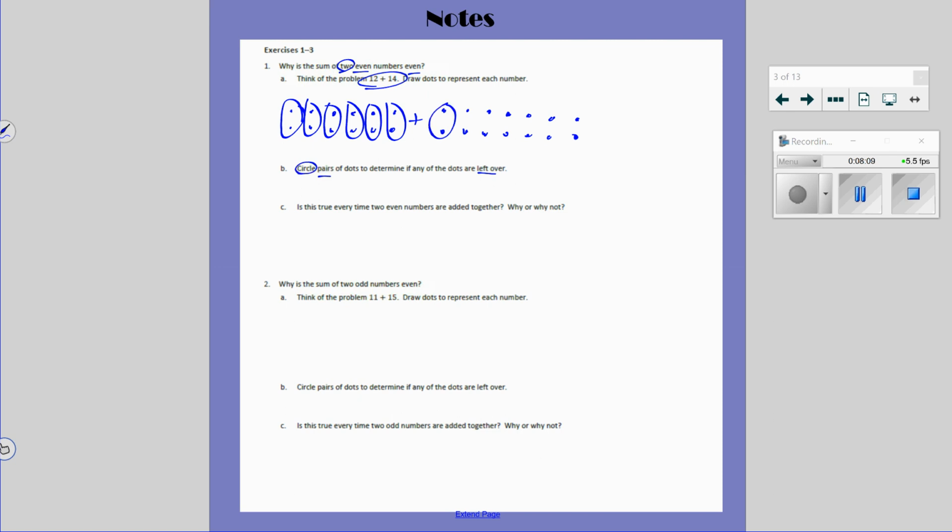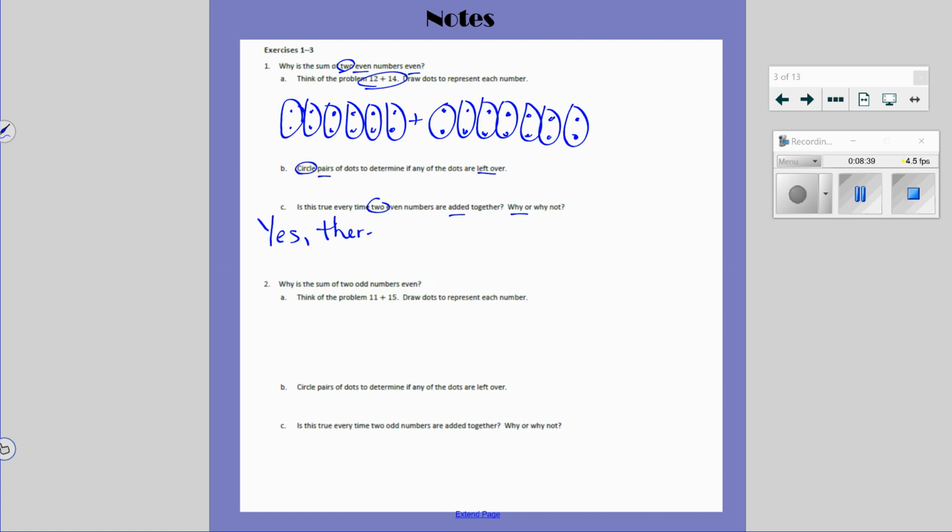The 14, I have 7 sets of pairs, but there's still nothing left over, right? So this is what Nora was saying at the end. If I'm adding up even numbers, they're always going to have paired dots, so there will never be anything left over. Okay? So is this true every time two even numbers are added together? Why or why not? Yes.